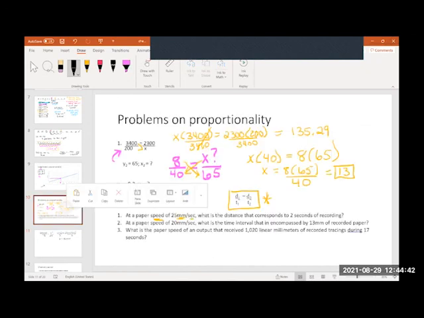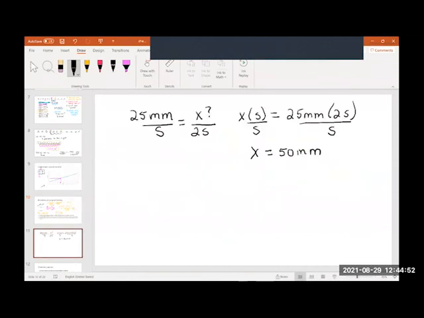What about the second problem? Paper speed of 20 millimeters per second. And what is the time if we have 13 millimeters of recording? Okay, so now we have 20 millimeters per second equals 13 millimeters over T2, and we now need to solve for the time. It's a proportionality problem.